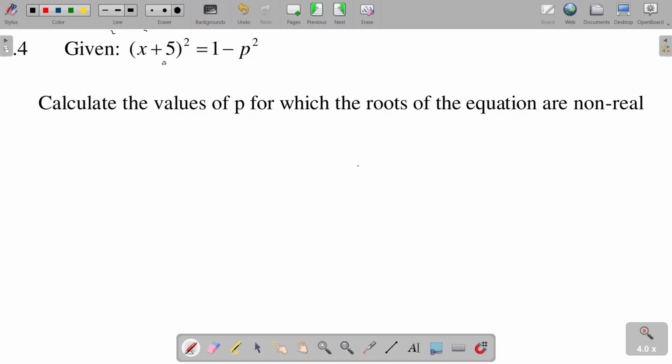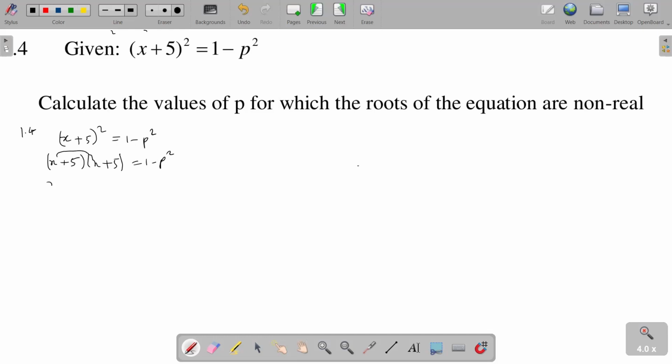One method that we can use is to expand it. So it's going to be (x plus 5) squared being equal to 1 minus p squared.